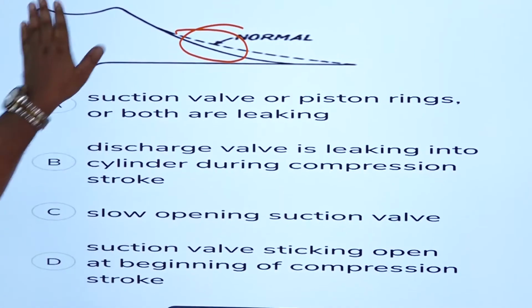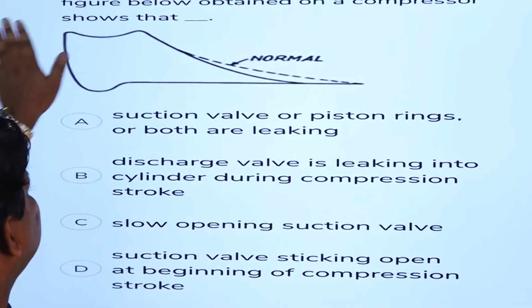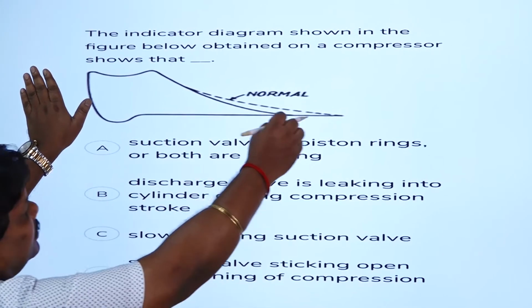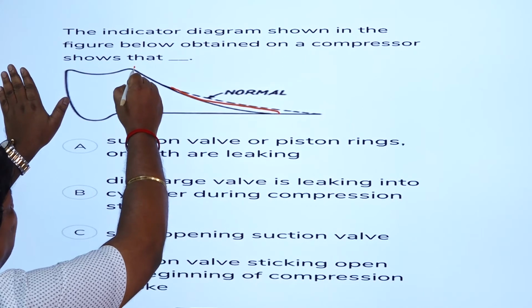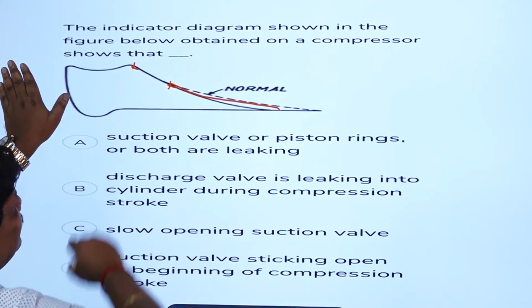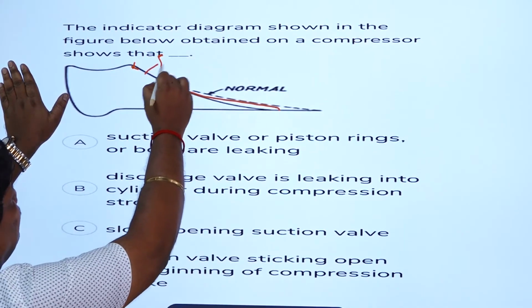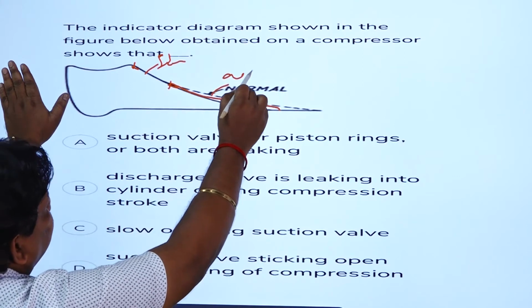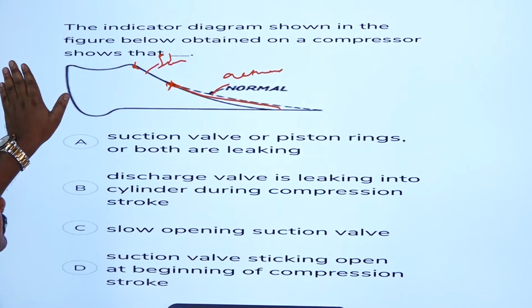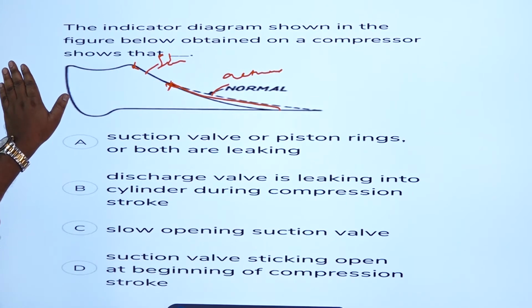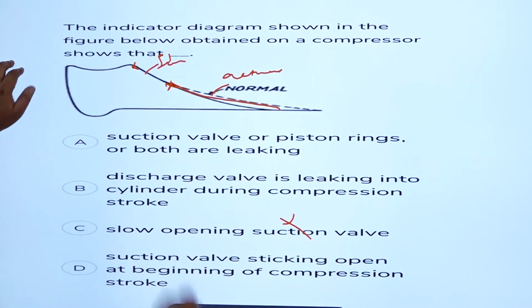This is the indicated diagram, and during this compression stroke, instead of reaching this place, it stops here itself. This is ideal and this one is actual. So it stops at this place itself, which means something has happened during this compression stroke. You cannot answer this because this is suction, and this one is also suction.